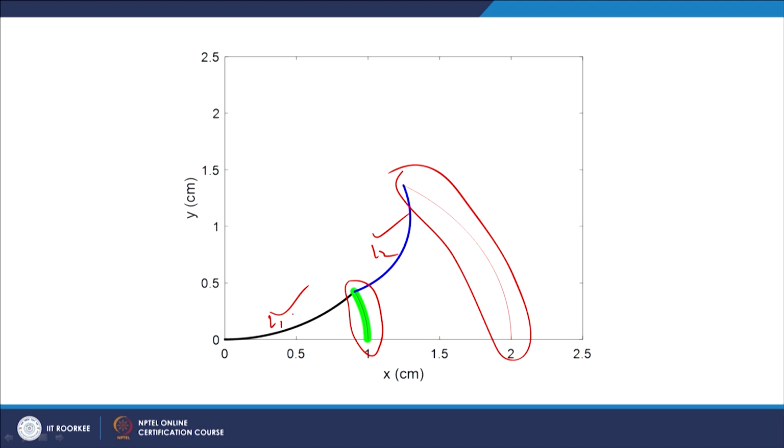Link 1 is shown in the black colored trajectory, and the blue one shows flexible link 2, and the tip trajectory is shown by the red trajectory, which is the trajectory traced based on the flexibility of the planar manipulator.